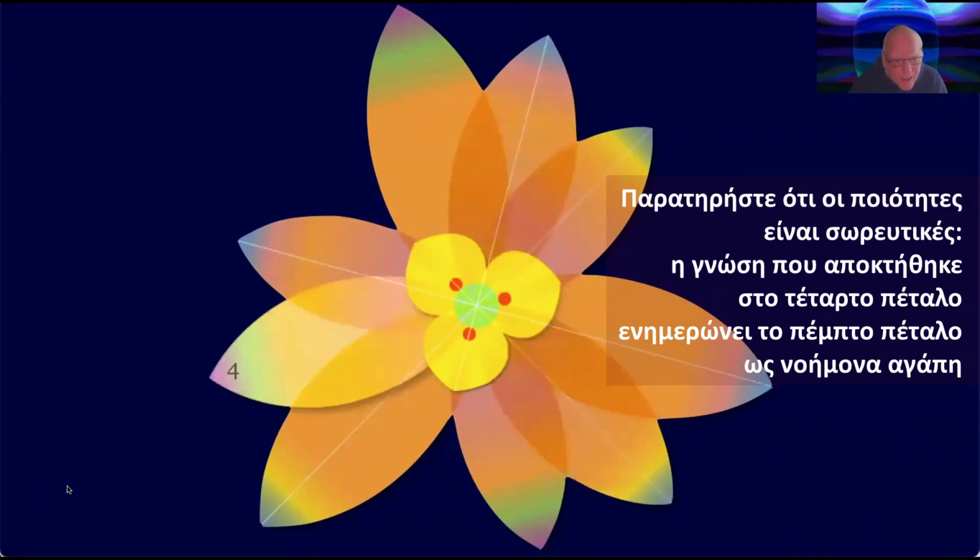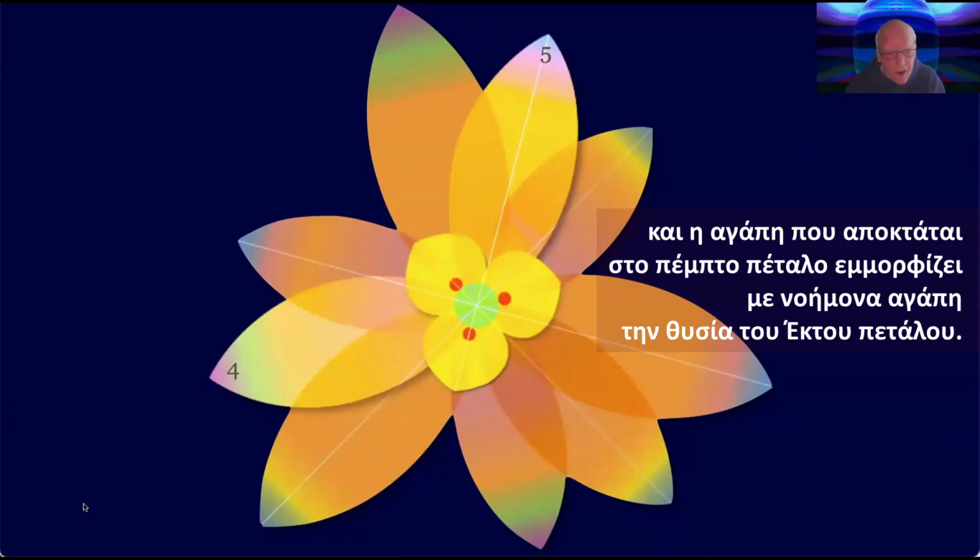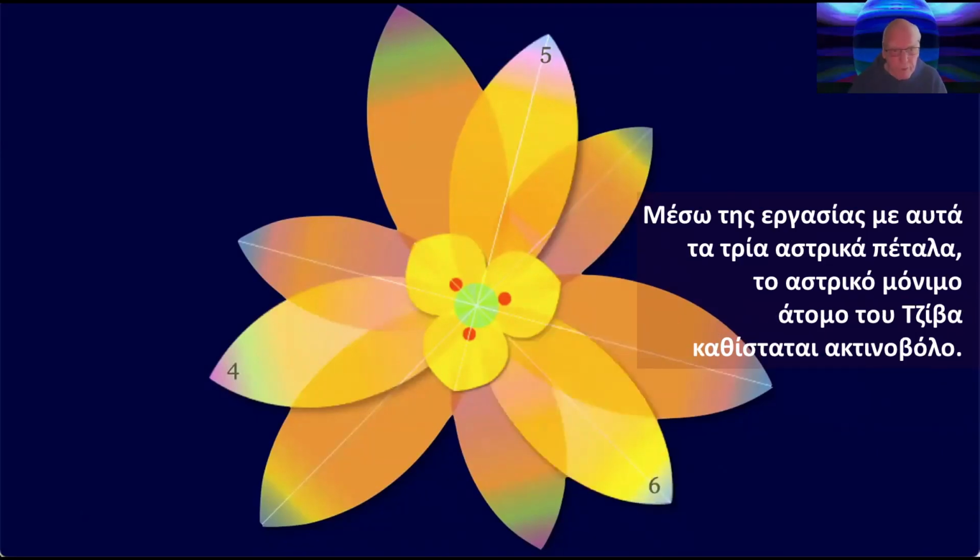The knowledge gained through petal 4 informs petal 5 as intelligent love, and the love gained in petal 5 informs the loving, intelligent sacrifice of petal 6. To work with these three astral tier petals, the jiva's astral permanent atom becomes radiant.